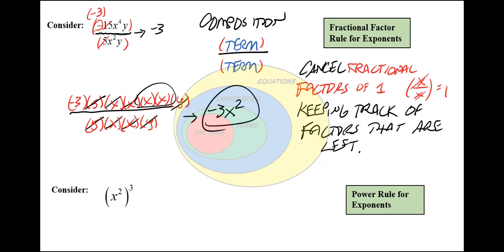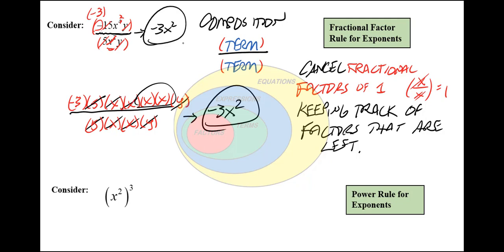Now, if we look at the x's, we can use the exponents. So there's two factors of x in the denominator and 4 in the numerator. So two of these factors will cancel, leaving two factors in the numerator. So this x squared that's left, we'll just write that in the numerator. And then the y's, we notice those just cancel, leaving a factor of 1, and we don't need to write that.